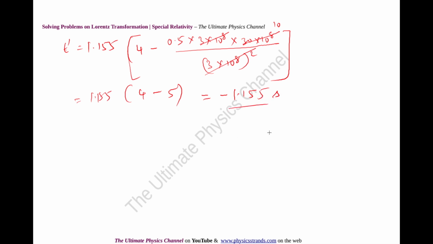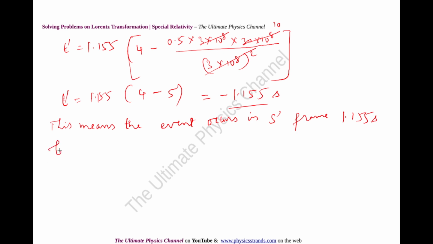What is the meaning of this negative sign in this time, t prime? This means the same event occurs in the S prime frame 1.155 seconds before it occurs in the S frame, because of the negative sign.